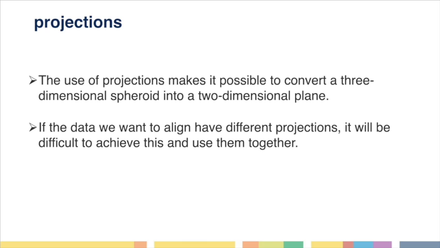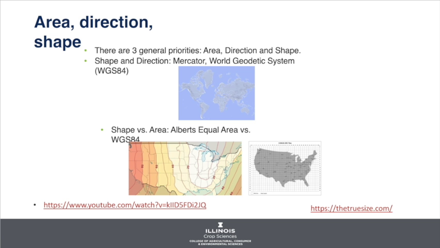So we're going to talk about this. The use of projections allows us to convert a three-dimensional spheroid into a two-dimensional plane. If the data that we want to align have different projections, it's going to be difficult to achieve this and also use them together. So the first part is critical.